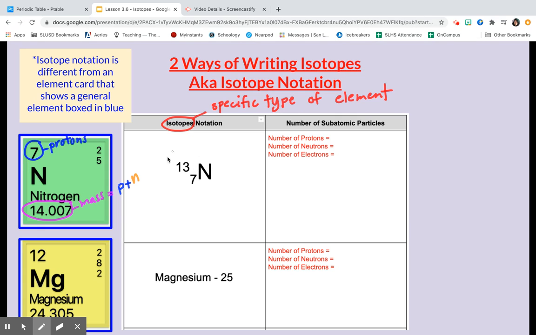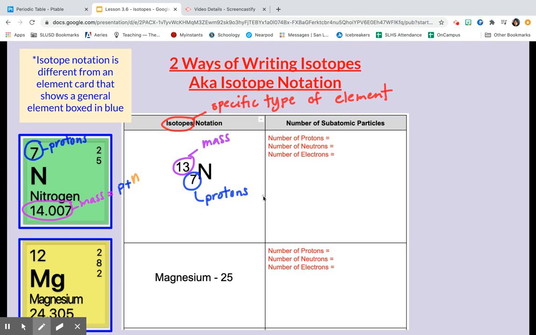So when we're talking about this one type of nitrogen, you'll notice that the mass this time is written on top. It's a little confusing. And the number of protons is written on the bottom. So if you notice that this is flipped, that means we're talking about one type of nitrogen, right?